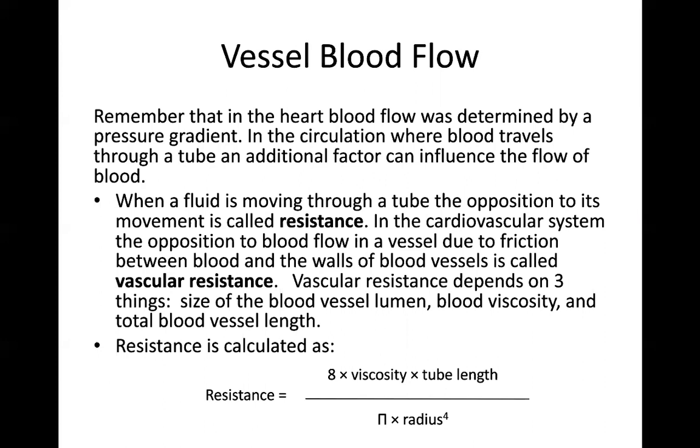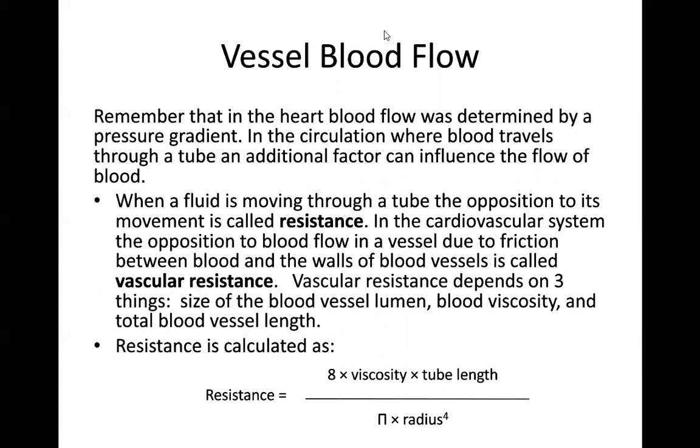So the lumen is the biggest factor, which, if you look at the bottom of the page here, we calculate resistance as 8 times viscosity times tube length divided by pi, 3.14 and so on, times the radius.